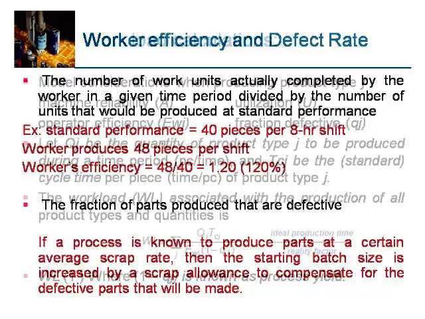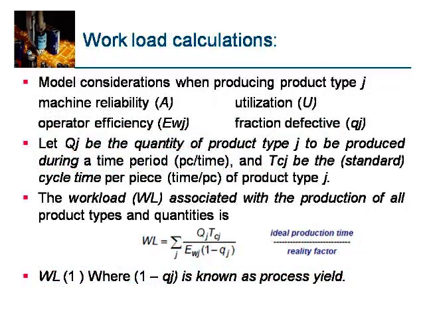Workload calculations, model considerations when producing product type J, machine availability is A, utilization is U, and operator efficiency is EWJ, and fractional defective rate is qJ.